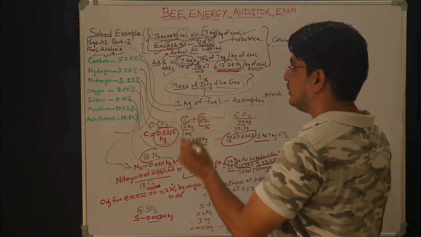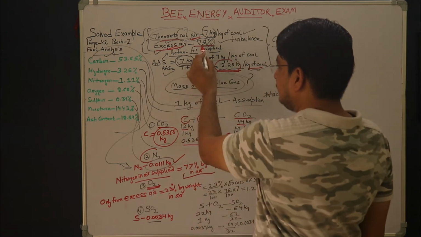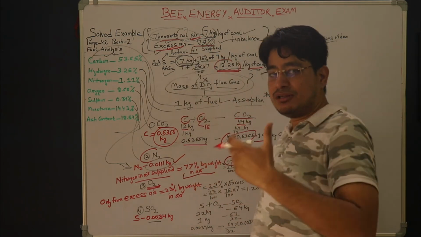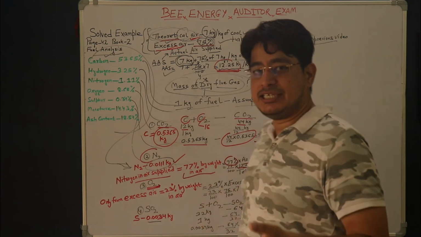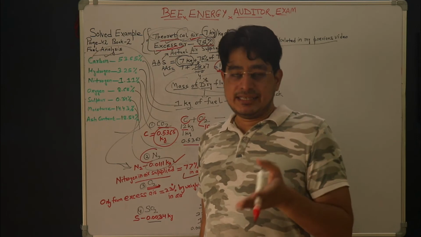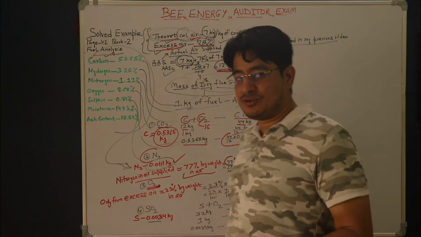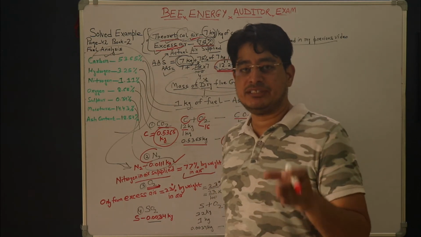So you must take note that you have supplied some excess air, and how much? 75% of the theoretical air. So this air will also contain oxygen, by virtue of the fact that oxygen is present in air as 23% by weight, just like nitrogen, which is present in the ratio of 77% by weight.